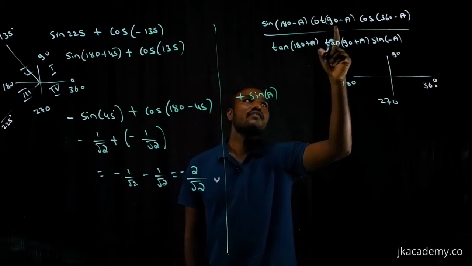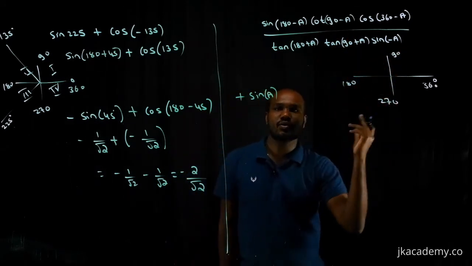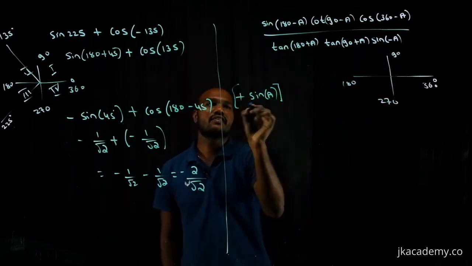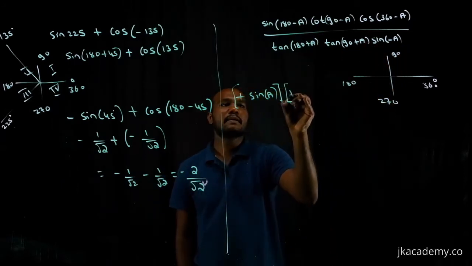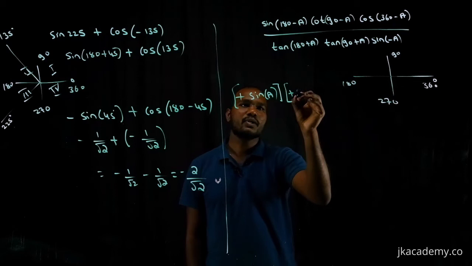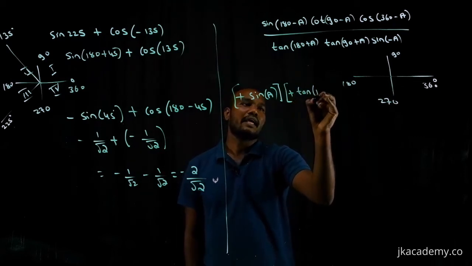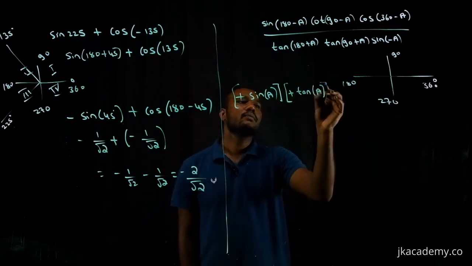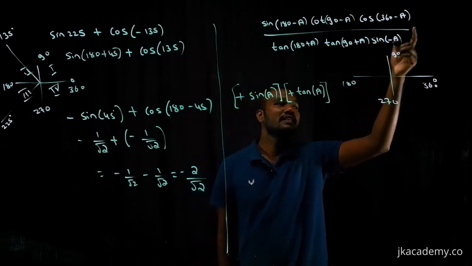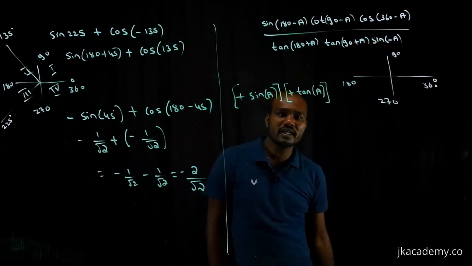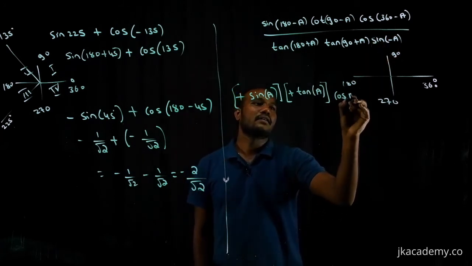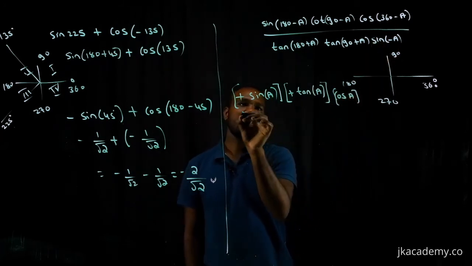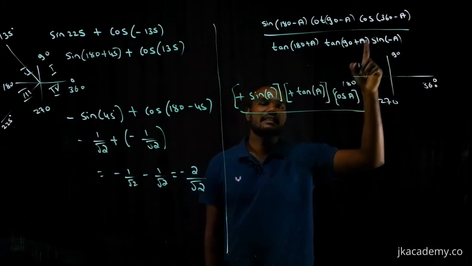Next, cot of 90 minus a: 90 minus is the first quadrant, all are positive, so cot will convert into tan of a. Again in the numerator we have cos of 360 minus a, which is the fourth quadrant, and cos will remain as it is, so cos of a. These are supplementary angles, 180 and 360.